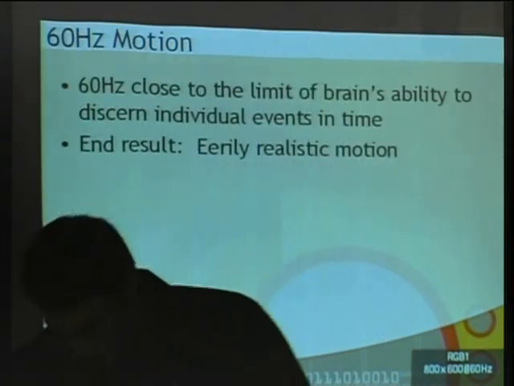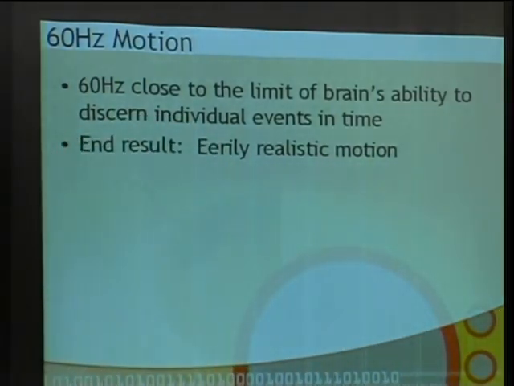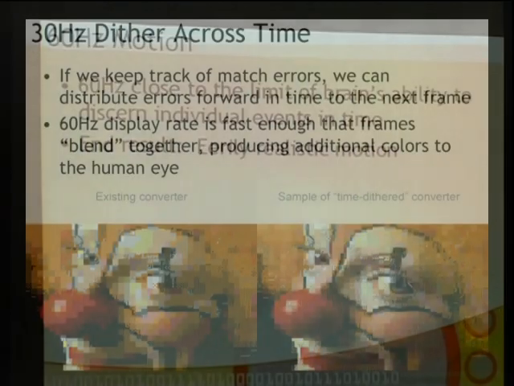So anyway, that's that example. 60 hertz motion, as you just saw, is very close to the limit of the brain's ability to actually discern individual events in time. So it's eerily realistic, again, if you can avoid the rebuffering issues, because that pretty much kills the illusion.